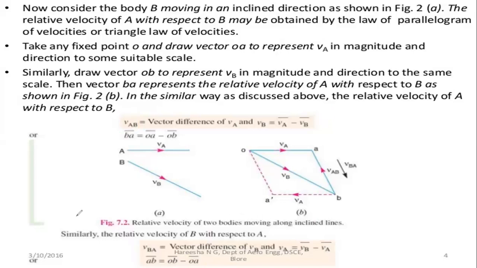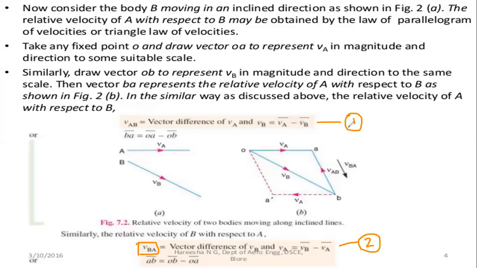Now I am taking the relative velocity of B with respect to A. So that is VBA. VBA is equal to the vector difference of VB and VA, that is VB bar minus VA bar. So this is opposite to the condition of the first one. This is the first condition and this is the second condition.